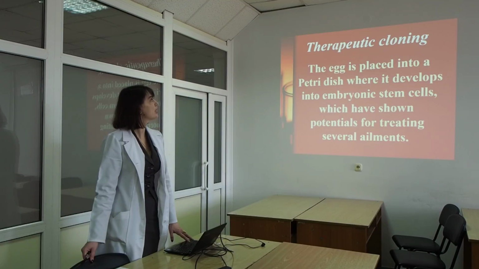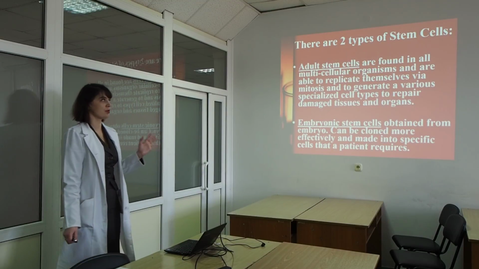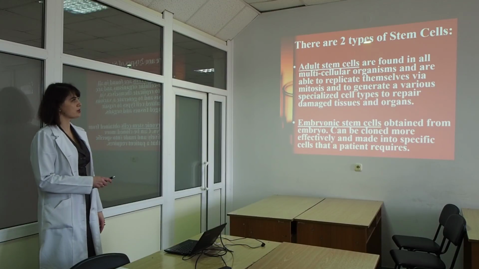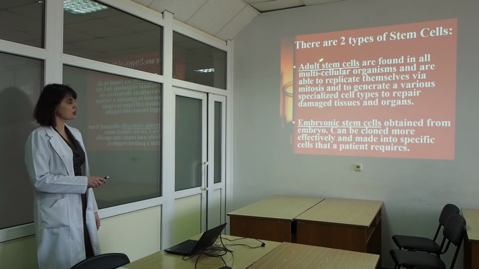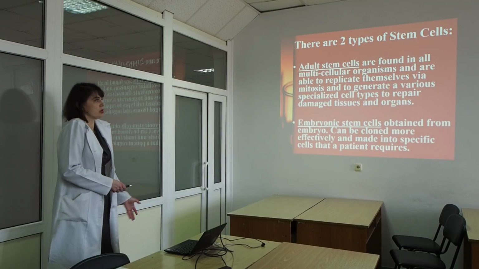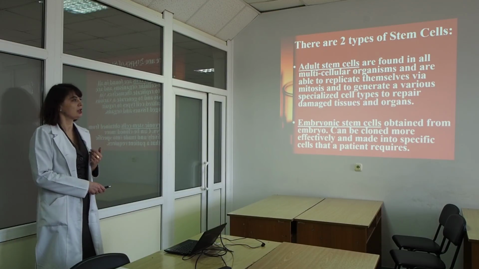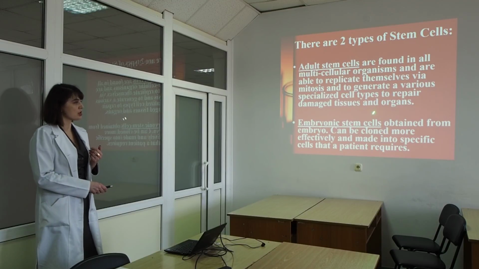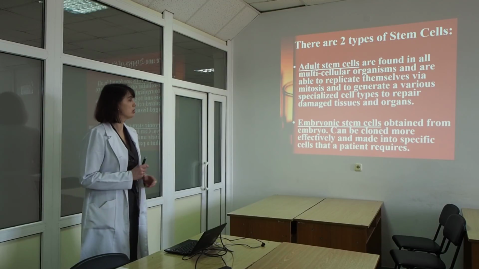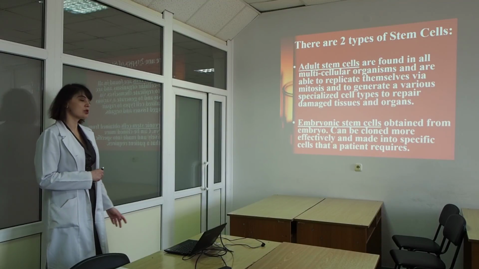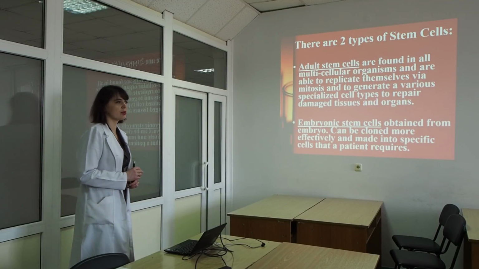And next is 2 types of stem cells, also mandatory to write down. 2 types of stem cells: adult stem cells, which are found in our body, which already exist, and they are responsible for renewal of our body, and embryonic stem cells, which are created intentionally while using these techniques which we have seen before.